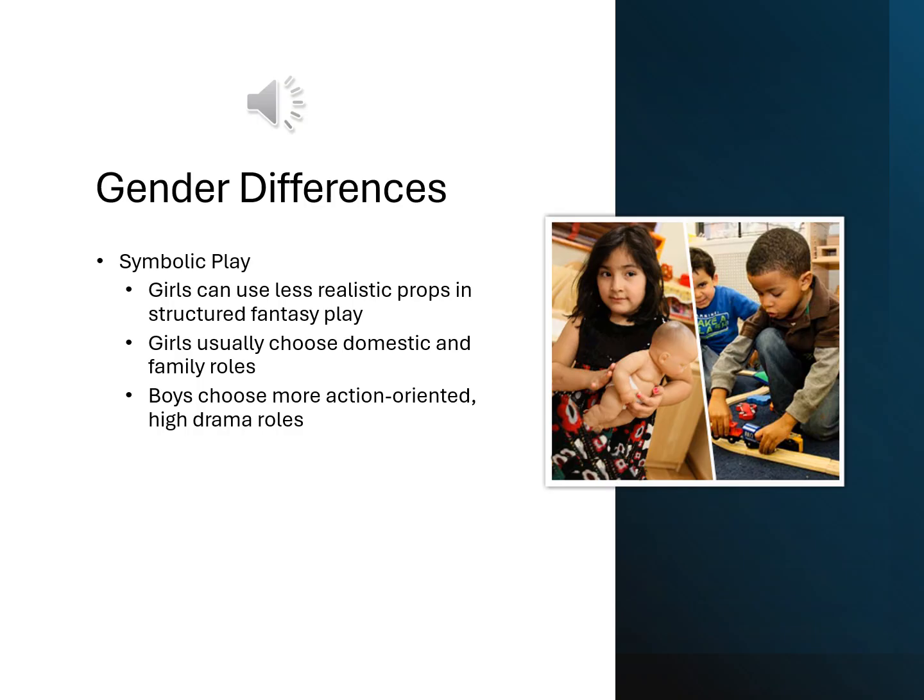And because of the kinds of play scenarios that we set up, the toys that we produce for young boys, the shows that we produce for young boys, they tend to be more action-oriented, high drama. No surprise that boys tend to gravitate towards action-oriented, high drama roles. So superheroes and Power Rangers and all of those kinds of things, because we're creating a world where it would be hard for children to lean any other direction than the directions that they lean.